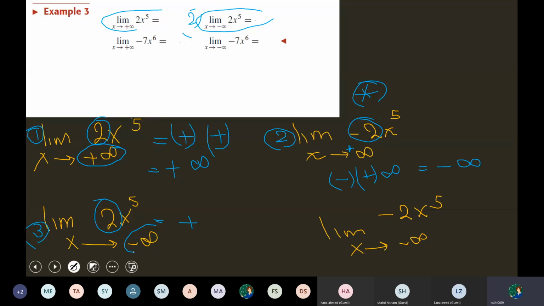I have negative infinity and the power here is odd. So what will be the sign? Negative infinity will be negative infinity. Then positive times negative is negative.